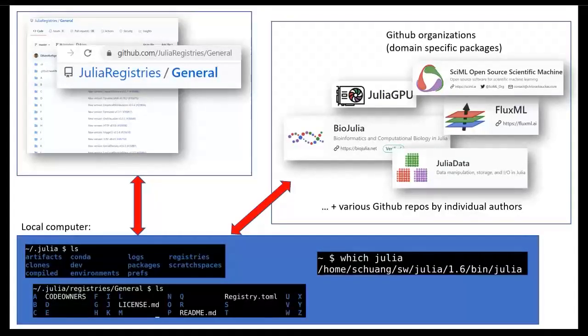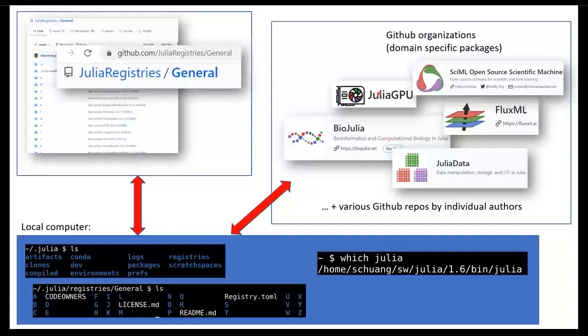There are several components involved in organizing Julia's packages. The first part is the central repository that stores all of the public open source registered Julia packages, which is hosted on GitHub under the JuliaRegistries GitHub organization.